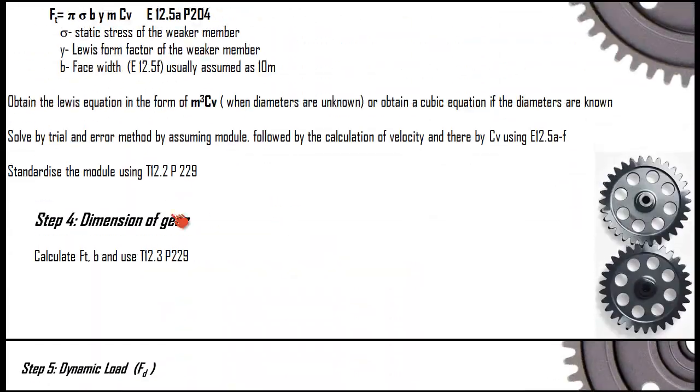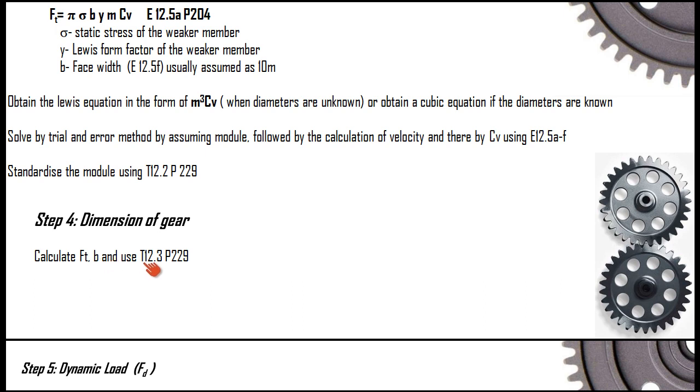Step number 4 deals with the calculation of dimensions. Before you calculate the dimensions, you have to calculate Ft, because in step number 2 Ft was in terms of module. So Ft has to be calculated by back substituting the value of m. If you have the value of m, you can easily find the value of b, and also calculate the velocity.